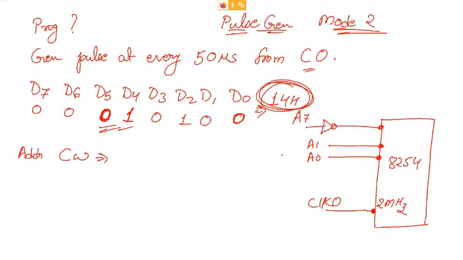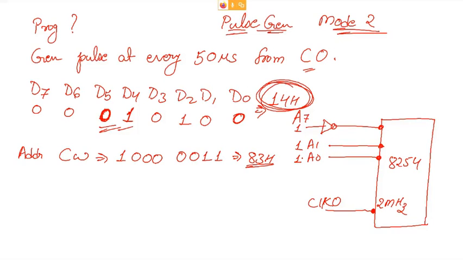A1, A0 should be 1, 1 to reach the control word. Clear? A7 here, if you put 1 here, so 1, 0, 0, 0, then to reach the control word 0, 0, 1, 1, because the rest of the bits we are not showing, so it becomes 83H.